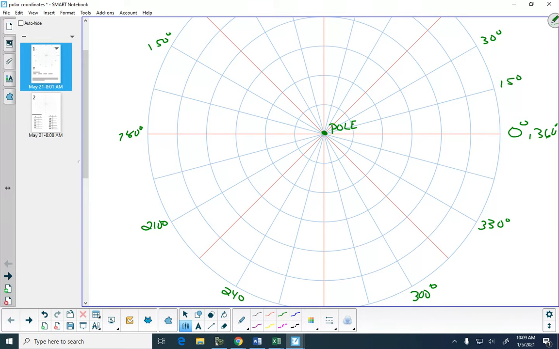Or if you're looking straight down on top of the globe, what you would have is the North Pole. And that's what this point is here, the North Pole. It is what we are rotating about. We have our degree measures about this pole: 0, 30, 60, 90, 120, 150, 180. We rotate about the pole.